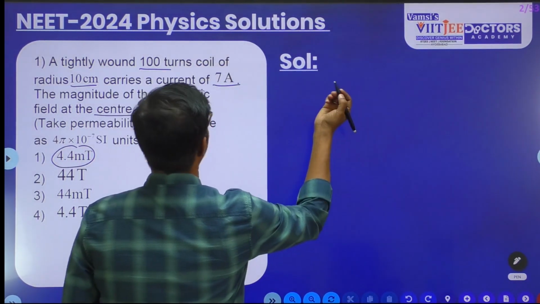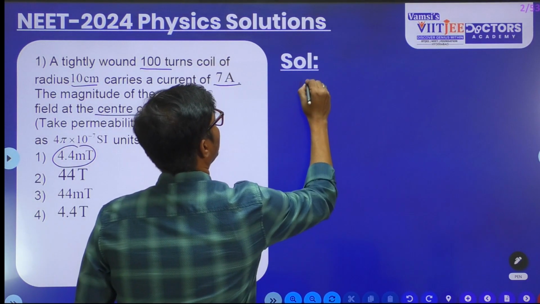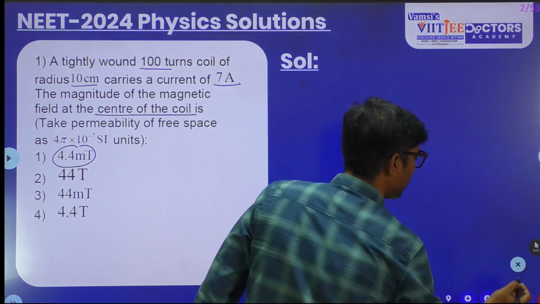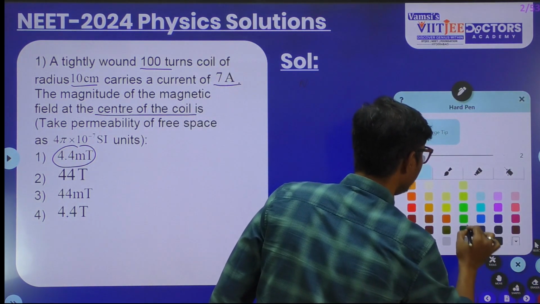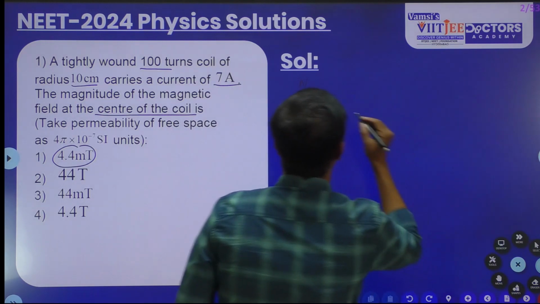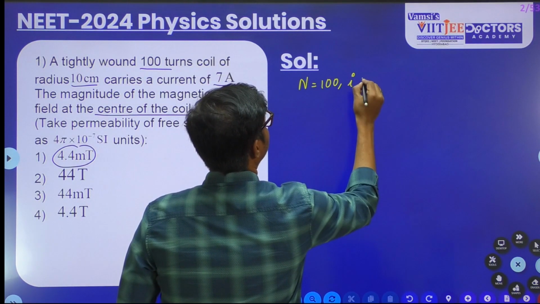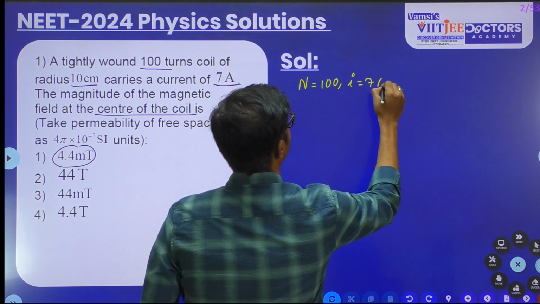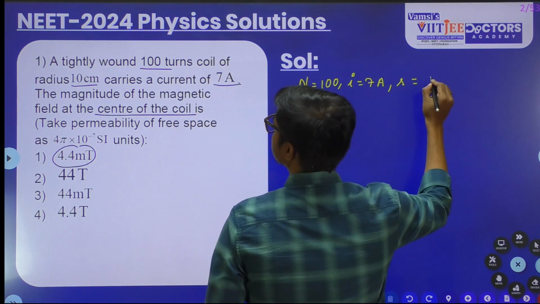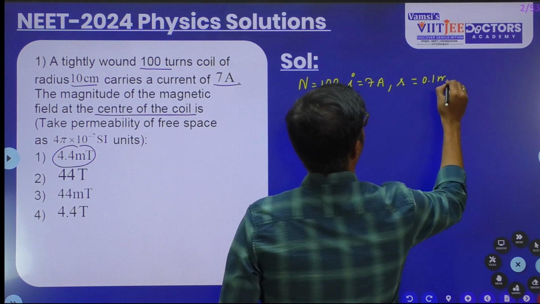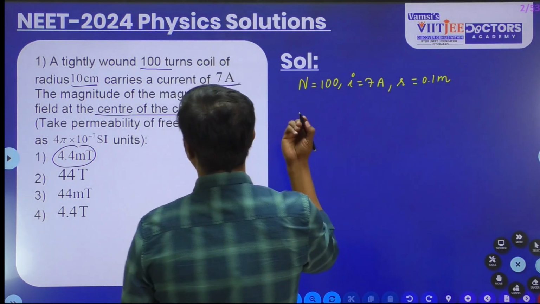So here they had given number of turns 100, n equal to 100. Let me change the color of the pen. So n equal to 100 and current is given as 7 amperes. Radius is 0.1 meter. All right. And we need to find the magnetic field.